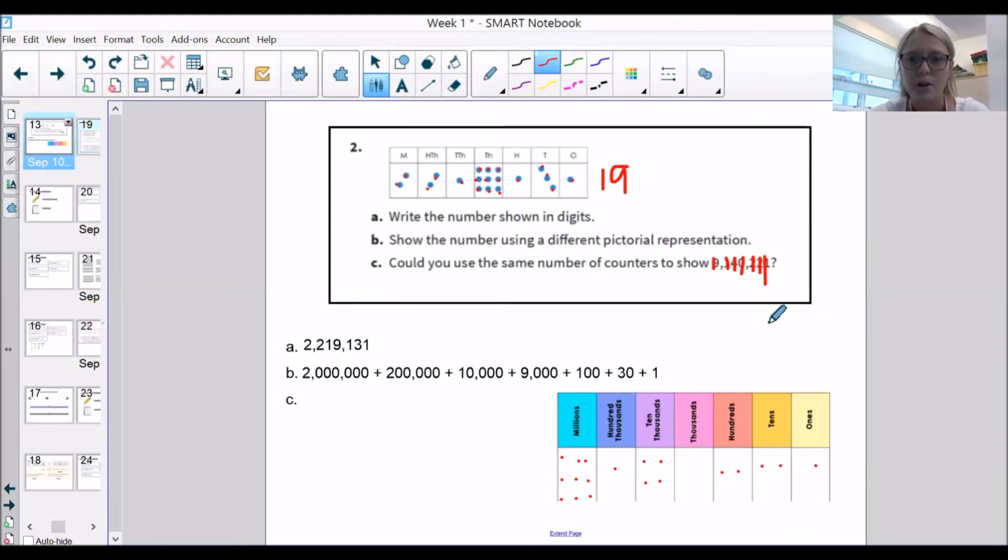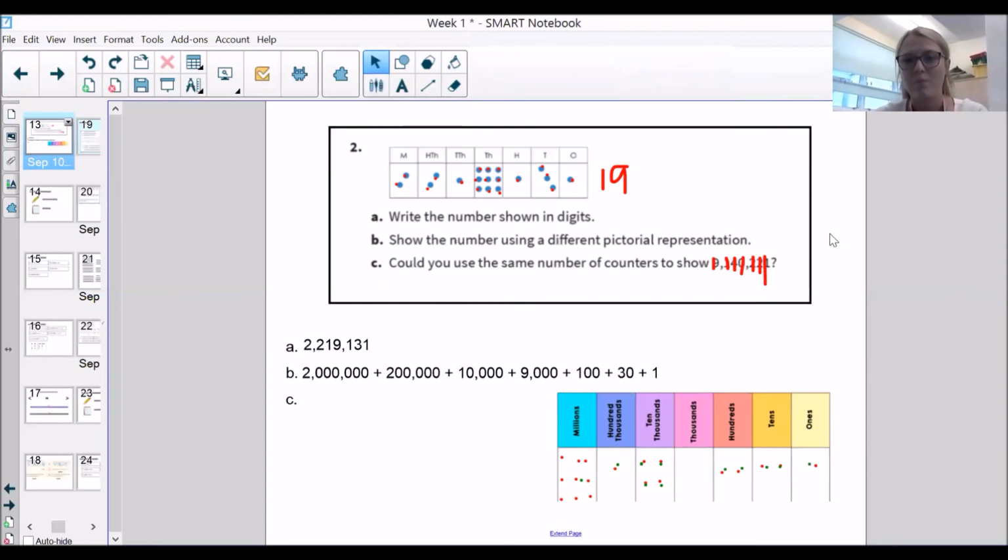So then for my new number, 9,140,221, I'm going to dot those in a different colour. I'm not going to count these because I know there's 9, so 9, 10, 11, 12, 13, 14, 15, 16, 17, 18, 19. So even though they're very different numbers, one a lot bigger, we can use the same number of counters to represent both.